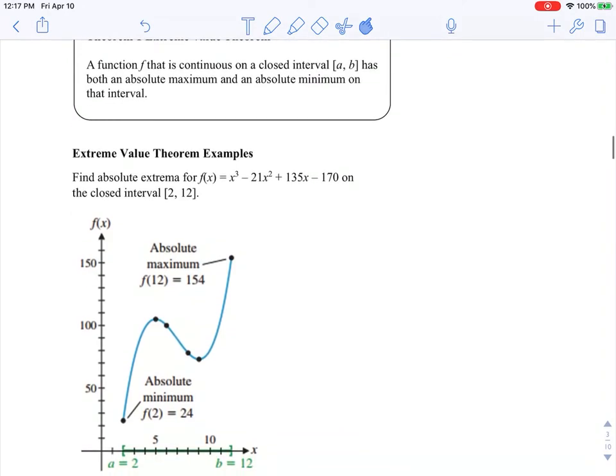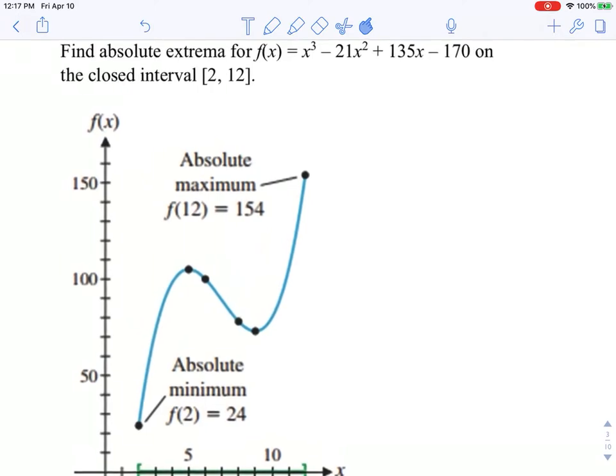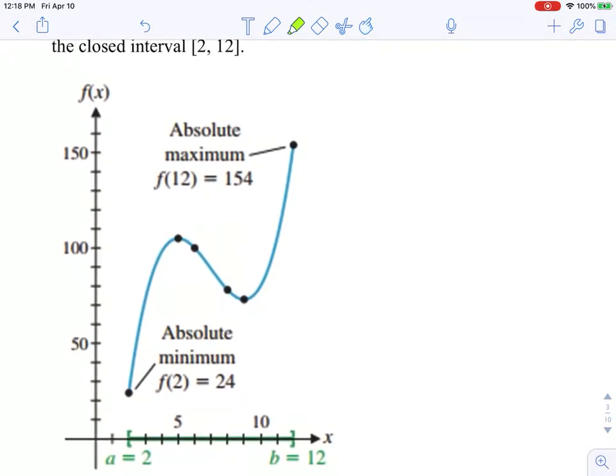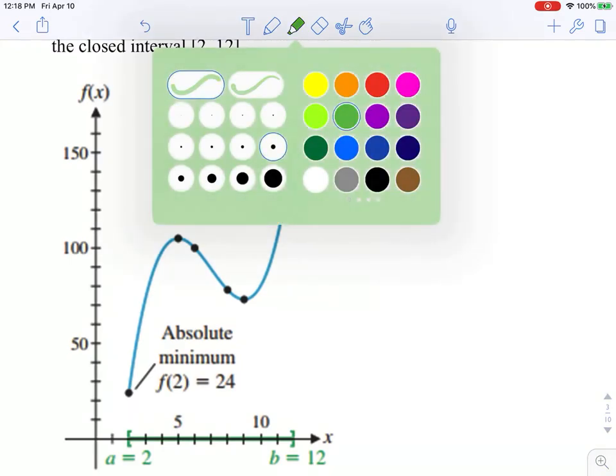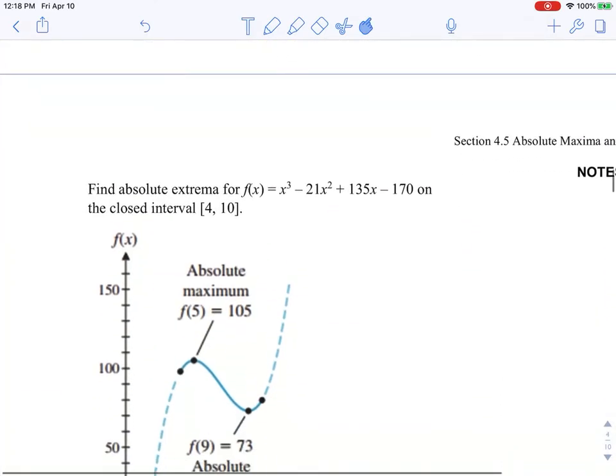So what we can do is close an interval, and then we can have both an absolute max and an absolute min. For instance, this graph here, on the closed interval from 2 to 12, we have an absolute max, and we have an absolute min, which happens to be the endpoint.